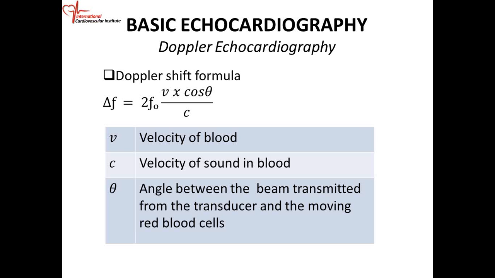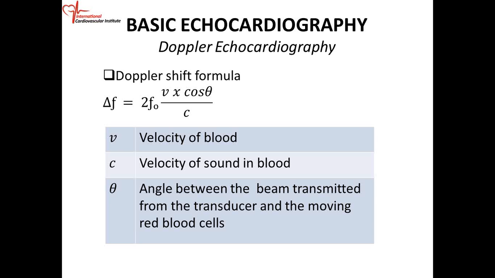If we're looking at blood flowing across the mitral valve, it's going to come from the left atrium, across the mitral valve, into the left ventricle. And if we have our transducer, say the transducer is at the apex, the blood will be moving towards the transducer. So we expect to get a Doppler shift, or a spectral envelope above the baseline, because it's moving towards the transducer.